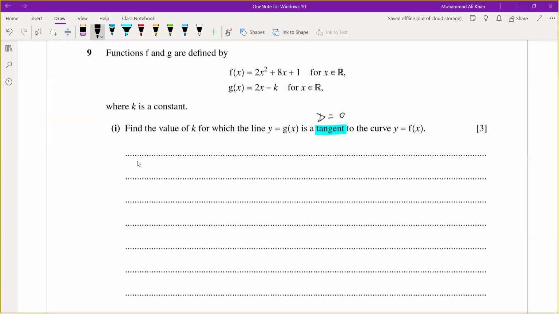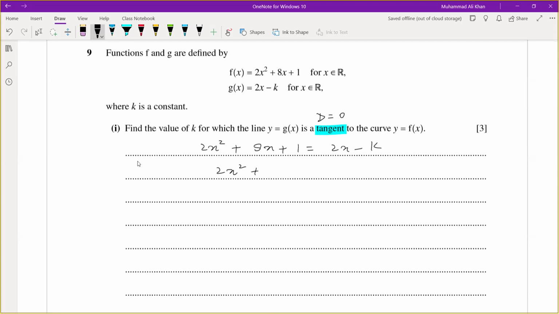So now, first make an equation in terms of x. So 2x square plus 8x plus 1 equals to 2x minus 2. Acha, sorry. It is not 2, it is k.